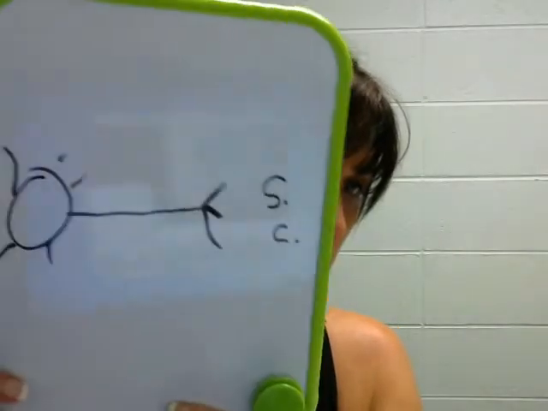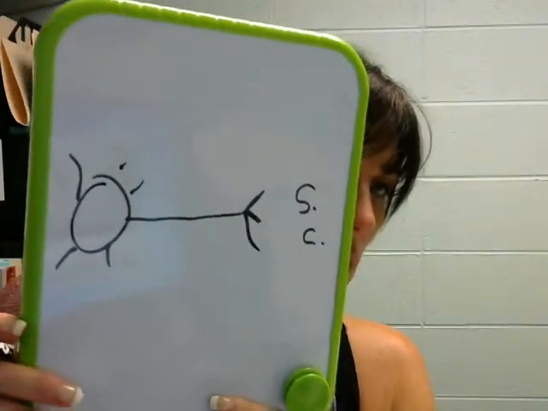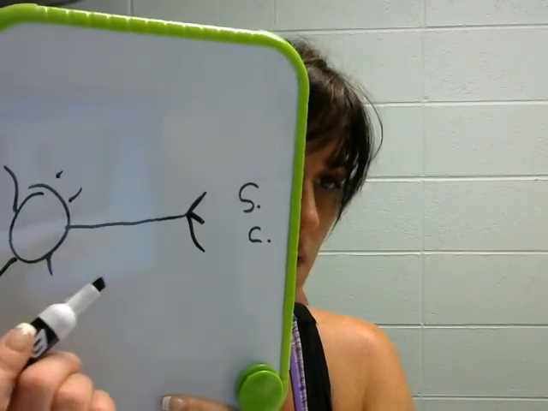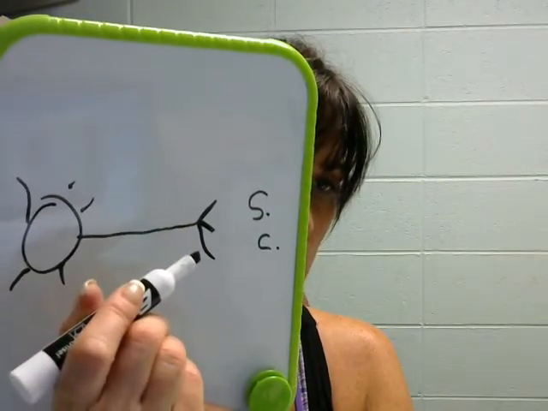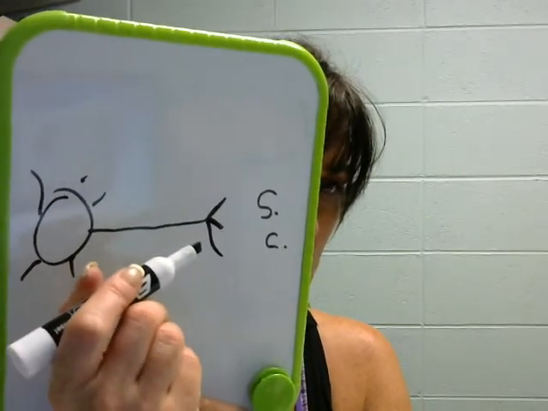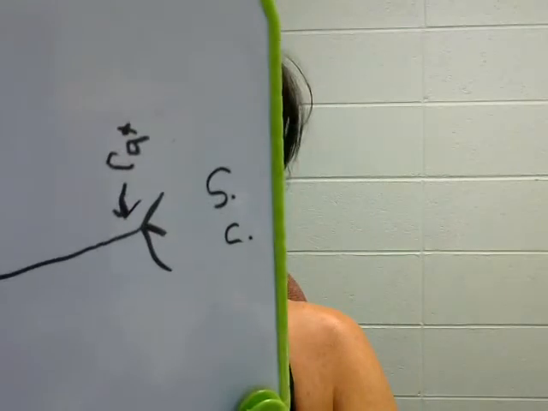Okay, neuron. So what's going to happen is, step 1, it's going to travel all the way down to the terminal endings. Step 2, because it's traveled all the way down to the terminal endings, calcium's going to rush in.